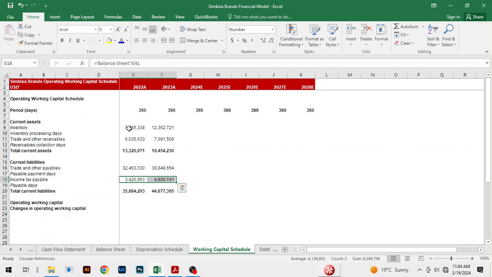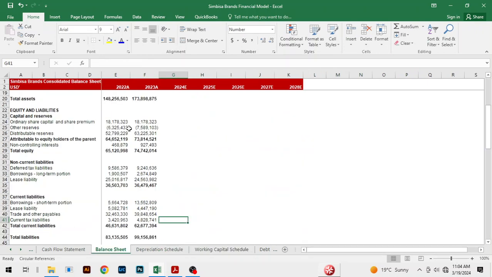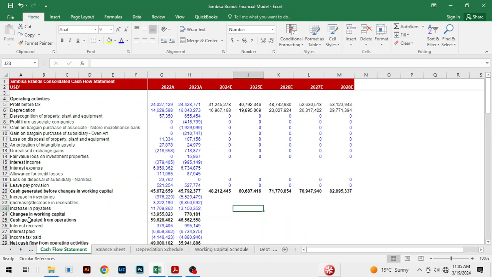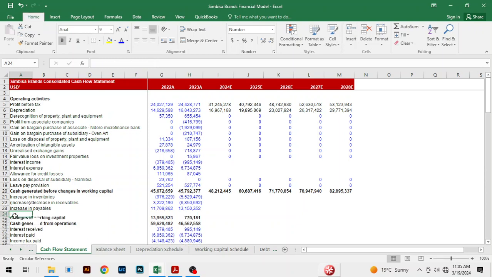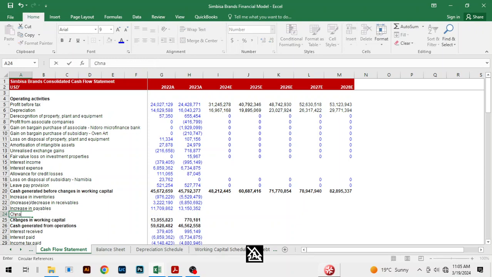Okay. So here we can just go back to the cash flow statement, and then here we can just say changes in income tax payable, something like that.